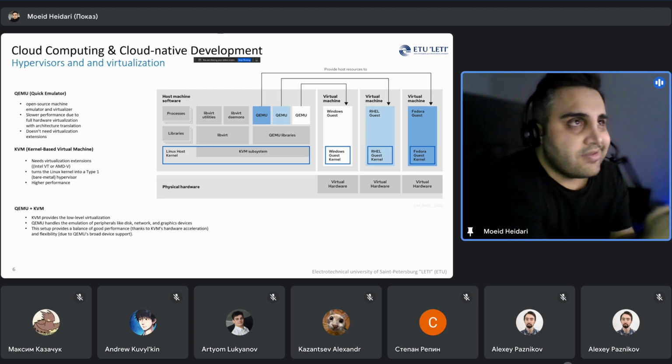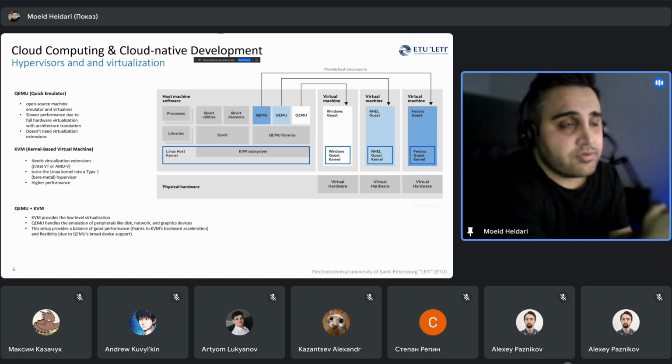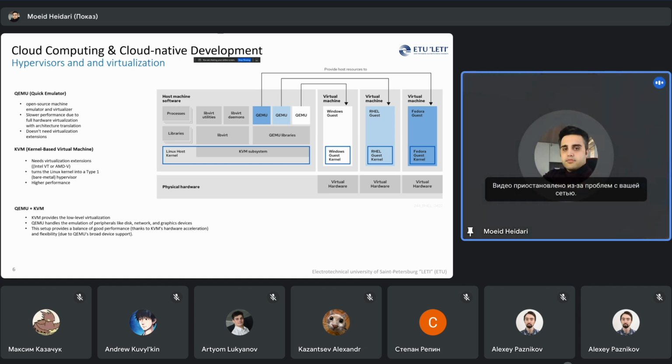So by this, virtual machines can be in different architectures, different operating systems. Like it can be a Windows virtual machine running on a Linux system or vice versa. So Windows gets its kernel as a dedicated kernel for this virtual machine, deployed completely with this virtual machine.